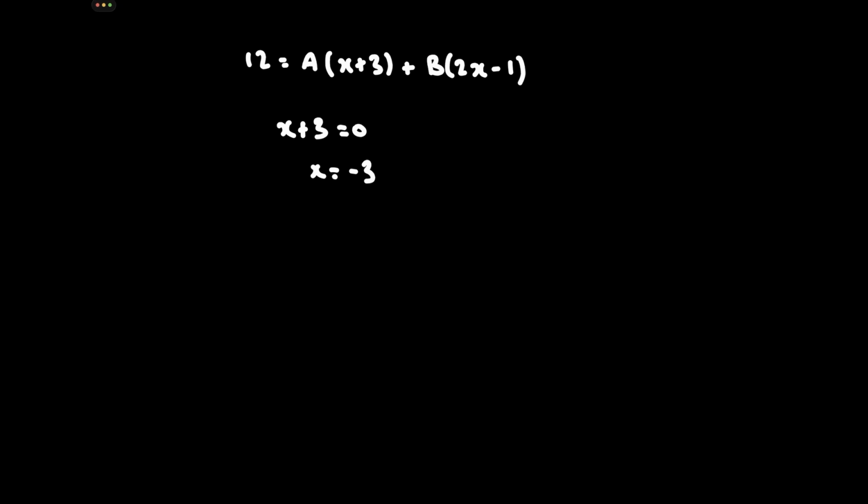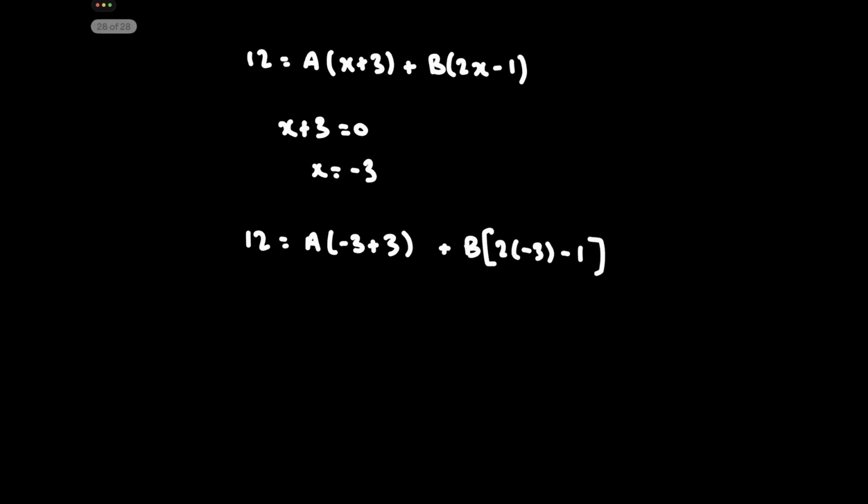So continuing on, I get 12 is equal to a times minus 3 plus 3 plus b times 2 times minus 3 take 1. And I can see that this term cancels out because minus 3 plus 3 is simply equal to 0.